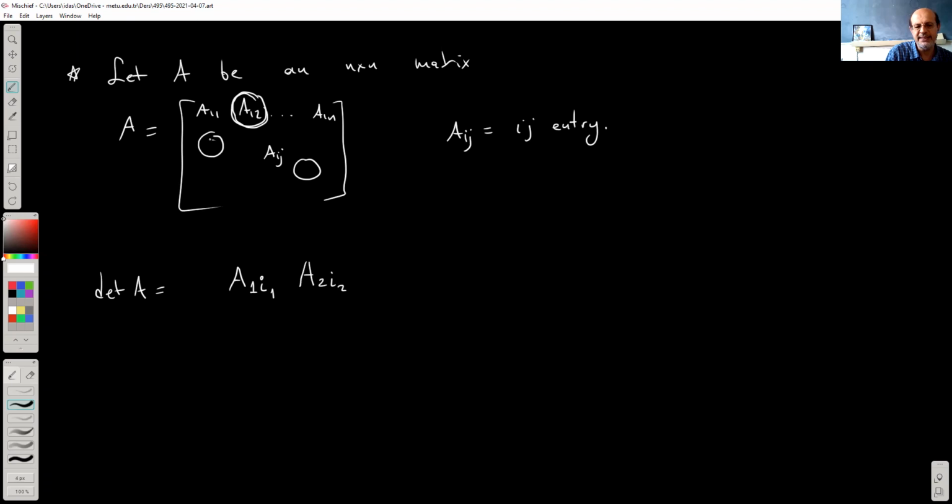For example, it is this element in here, A21. In any case, I choose elements for each row. The claim here is that, of course, all of the row IDs in all of these entries should be different, and they are different because they start from 1 and end up in n. Moreover, all of these I1, I2, and In should also be different. And therefore, this is just a permutation.